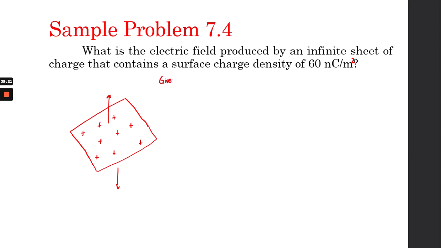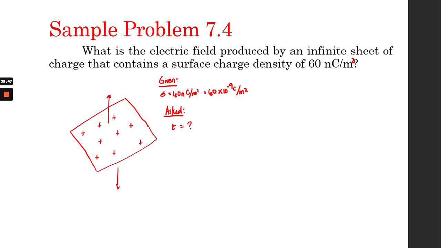They gave us sigma equals 60 nanocoulombs per meter squared, that is equal to 60 times 10 raised to negative 9 coulombs per meter squared. So what is being asked is how much electric field does this produce?